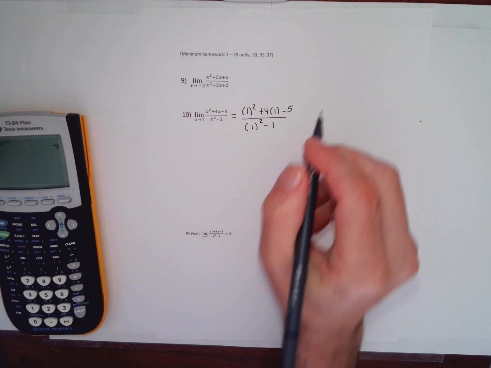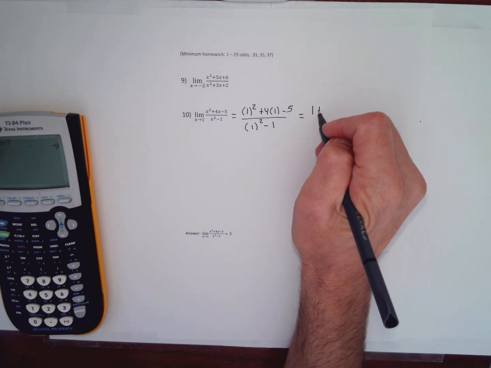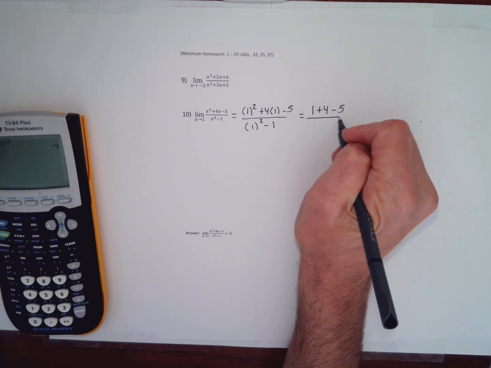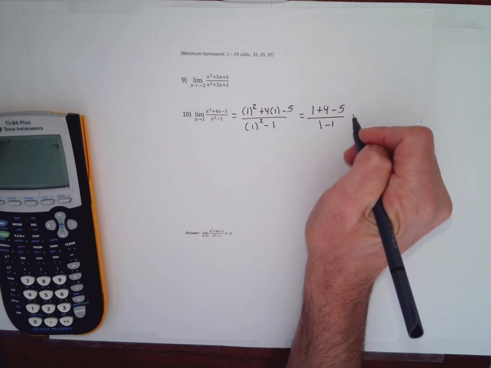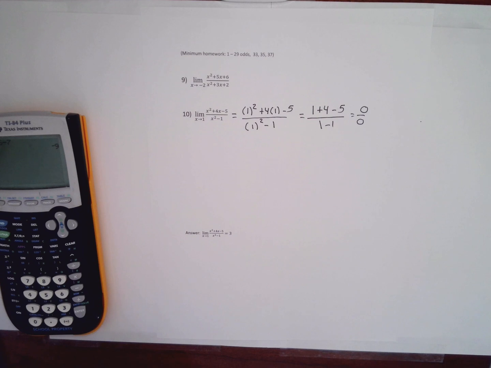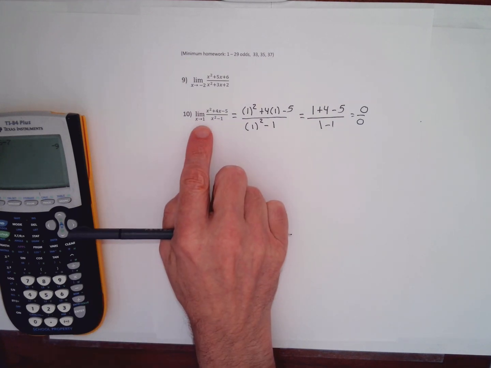I think this is a 0 over 0 because the numerator comes out to 1 squared, which is 1, plus 4 times 1, which is 4, minus 5. The denominator comes out to 1 minus 1. This is 0 over 0. There are only 2 strategies that we teach for finding limits of fractions when the x isn't infinity.